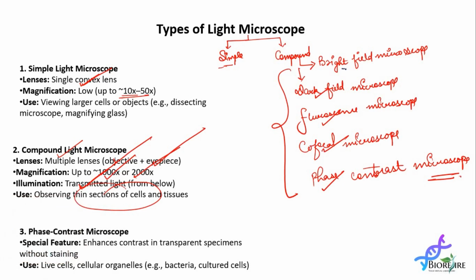In the bright field microscope, light directly passes through the specimen.